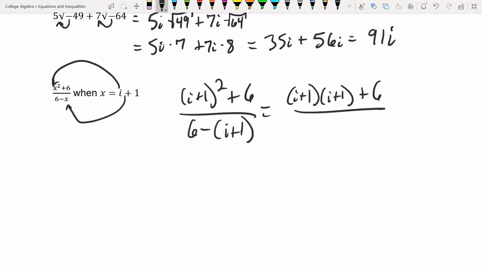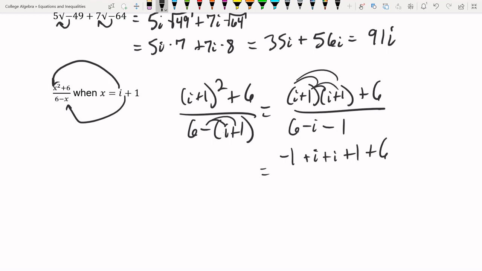The bottom, I can distribute the negative into there. FOILing the top gives me i times i is i squared, which is negative 1. i times 1, 1 times i, and 1 times 1. On bottom we have 6 and negative 1, giving me 5 minus i.